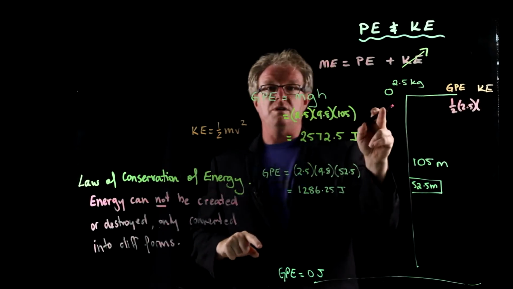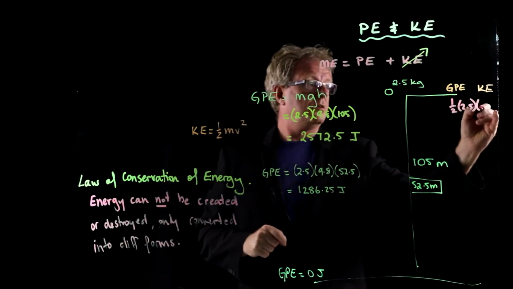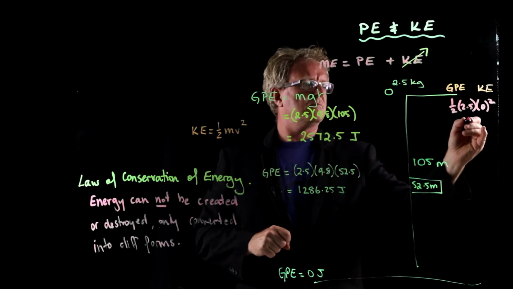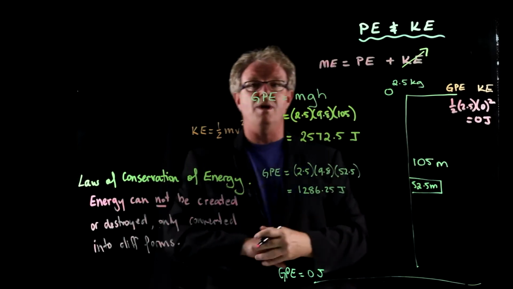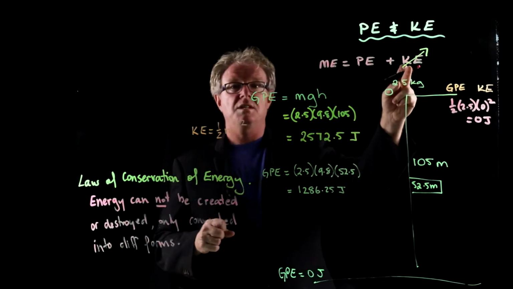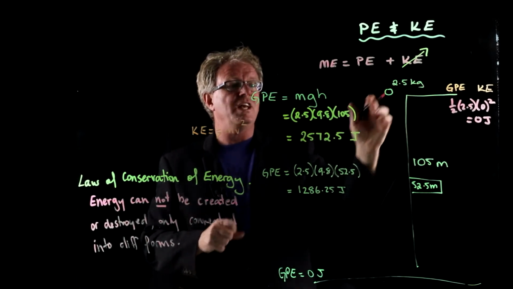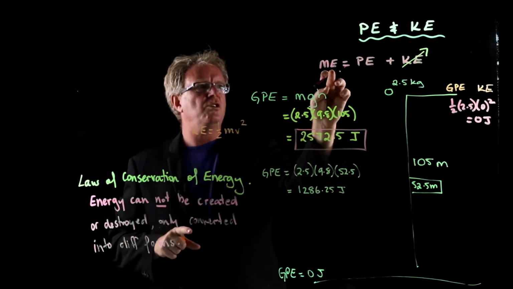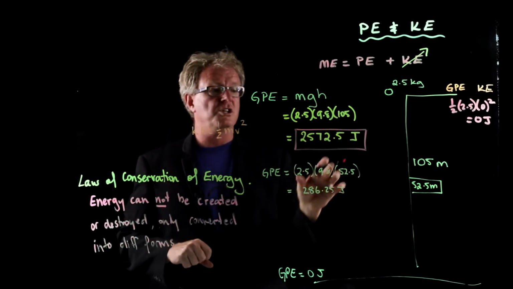But it's not moving. Its velocity is 0. So that means it's got no kinetic energy to begin with, 0 joules. All the energy is this. So the total mechanical energy of the whole situation is that.